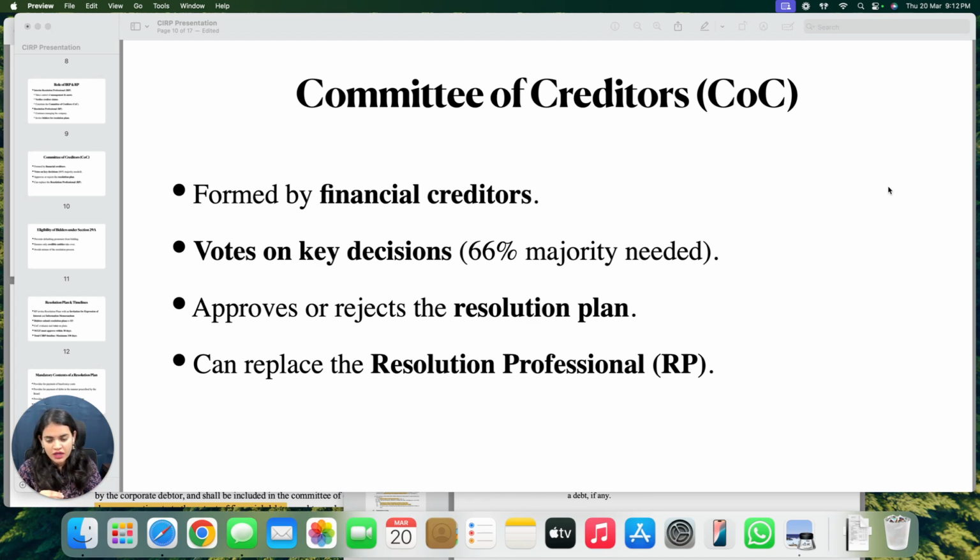appear on their behalf and participate in the meetings of the committee of creditors, then they may do so. They may appoint an authorized representative who is going to be an insolvency professional other than the insolvency professional acting as the IRP or the RP.